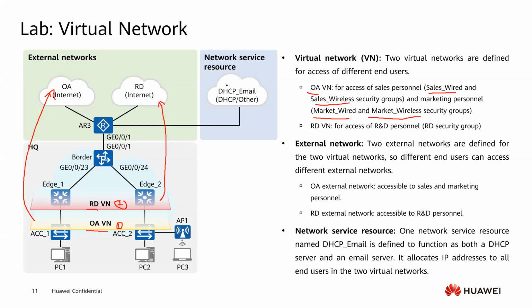For the network service resources, we create one, named DHCP and email, and we use the AR3 to simulate the DHCP and email server by creating some IP addresses on the AR3. This network service resource can be accessed by both the RD VN's users and the OA VN's users.